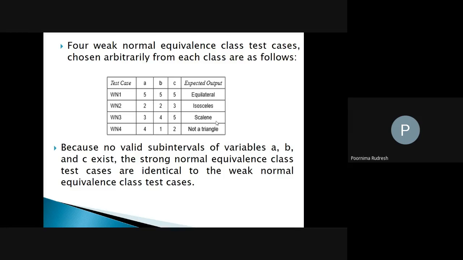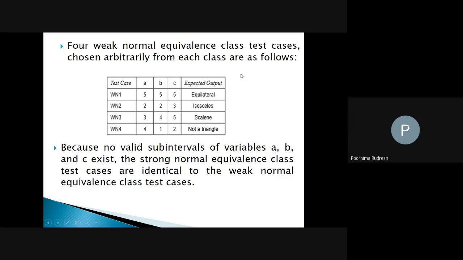If we give the values within that range, then we say that those are the valid values for the variables A, B, and C. And if we give the value for A, B, or C as more than 200 or less than 1, then we say that it is an invalid value, because in the problem statement it is specifically asked to construct the triangle for the given values of ABC, where ABC values are ranging from 1 to 200, right? So if we give a value more than 200, or if we give an ABC value less than 1, then it will be treated as an invalid case.